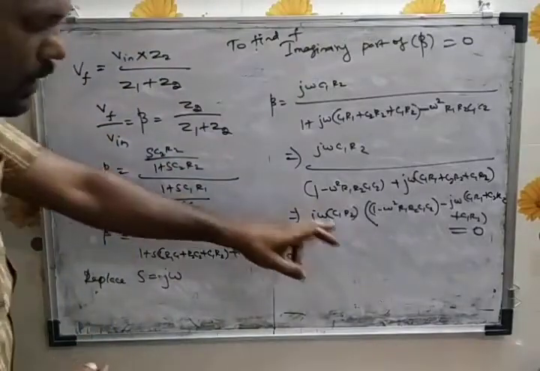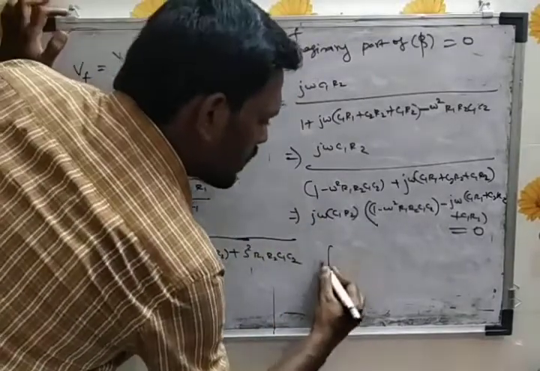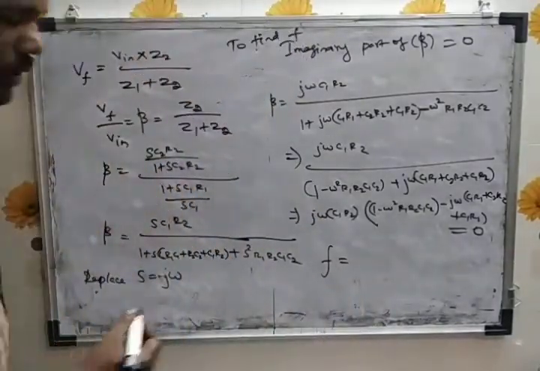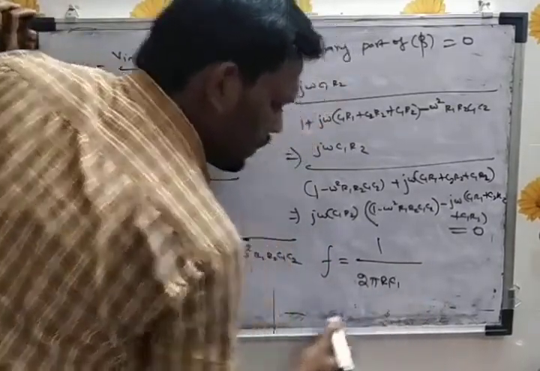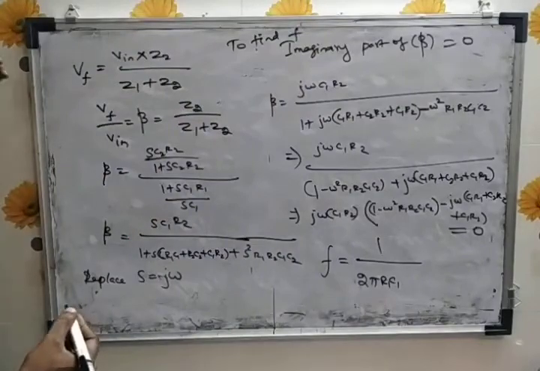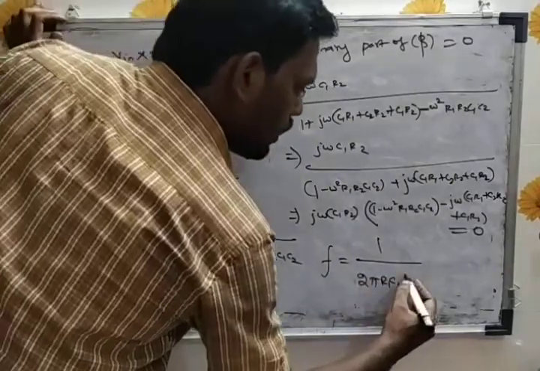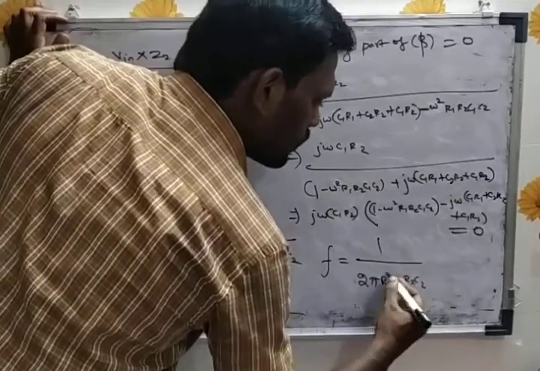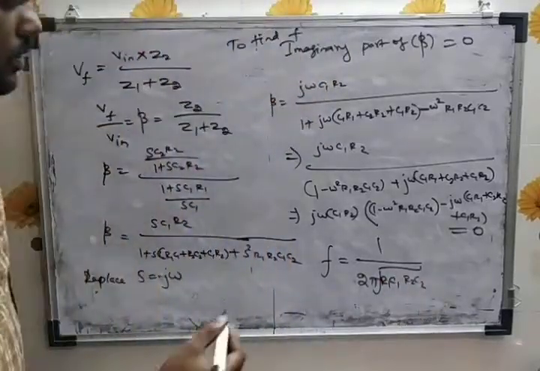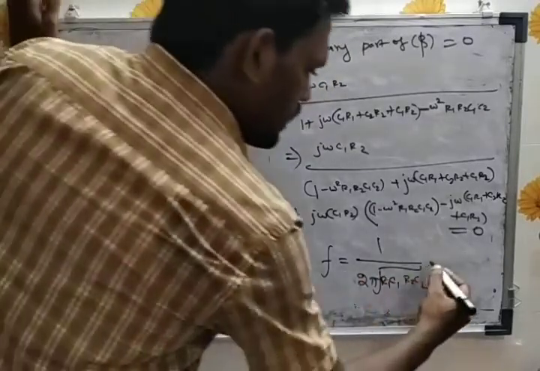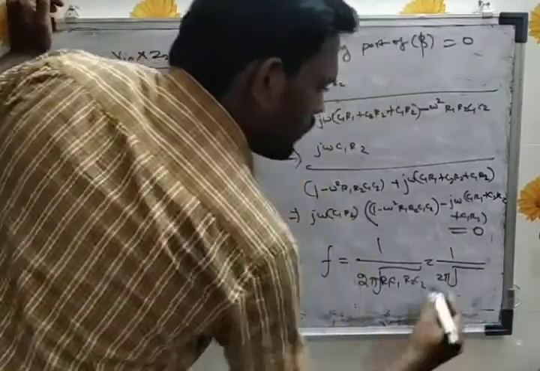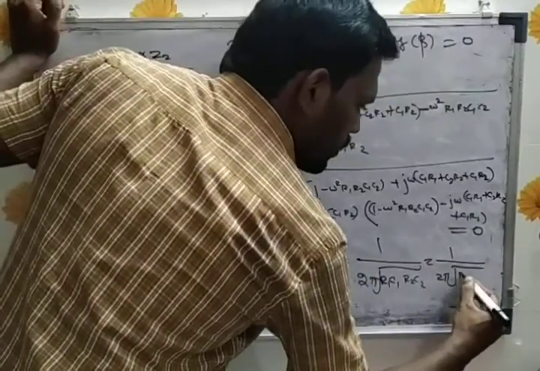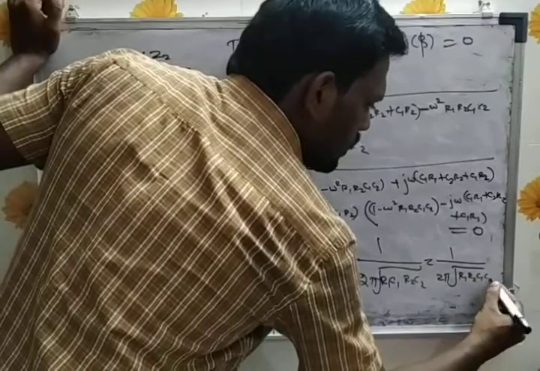If you solve this, you will get the frequency of oscillation f is equal to 1 by 2 pi, root of R1 C1 and R2 C2, which is equal to 1 by 2 pi root of R1 R2 C1 C2.